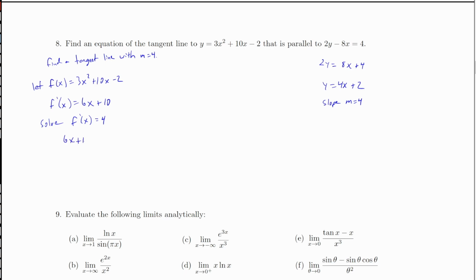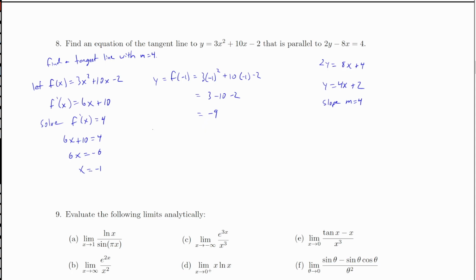So 6x plus 10 equals 4. So 6x is negative 6. So x is negative 1. So now I have an x value. I can plug into the function to get a y value. So I have 3 times negative 1 squared plus 10 times negative 1 minus 2. Okay, so 3 minus 10 minus 2 is negative 9. So we have a y value of negative 9.